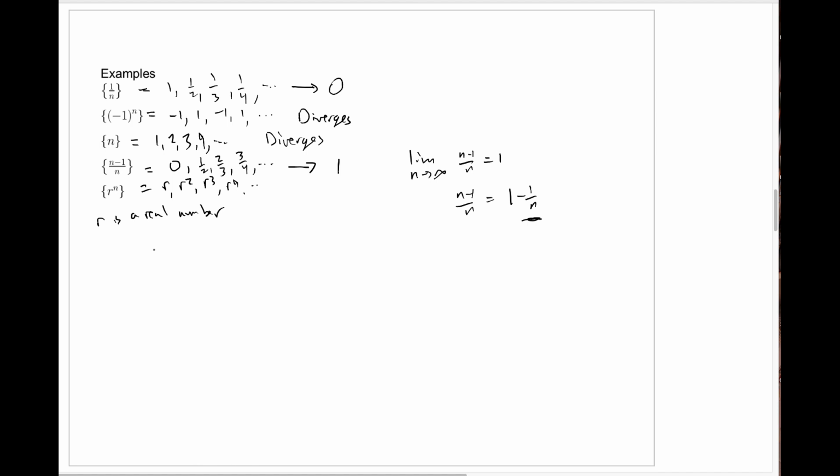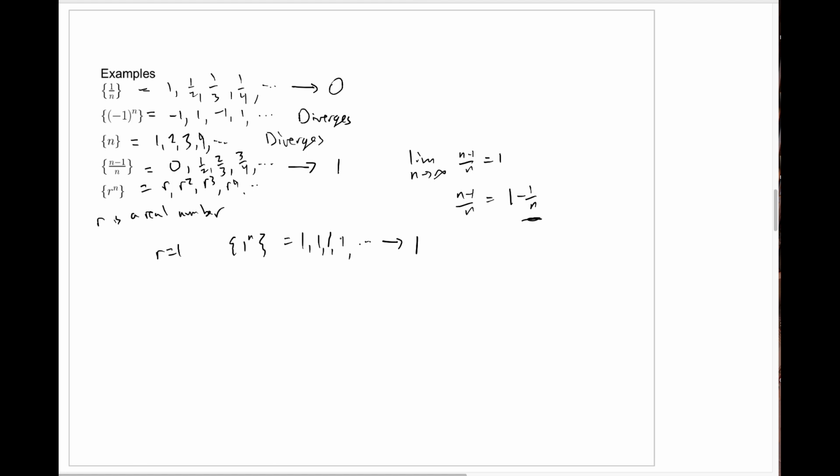If r equals 1, we have the sequence 1 to the n, which is the sequence 1, 1, 1, 1, etc. What can we say about convergence of this sequence? Well, it converges to 1. All the terms are 1. They're as close as you could possibly want to 1.